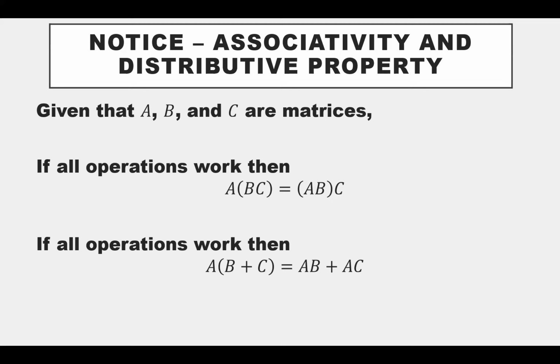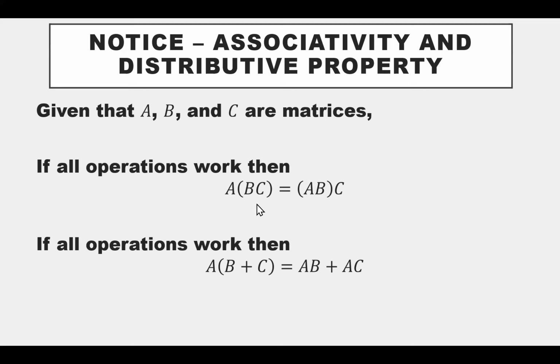So we do get an associative property with matrix multiplication. We do get a distributive property with matrix multiplication, but we have to be very aware of which side we're multiplying. If the A is on the left-hand side, then the A needs to stay on the left-hand side when I distribute it.